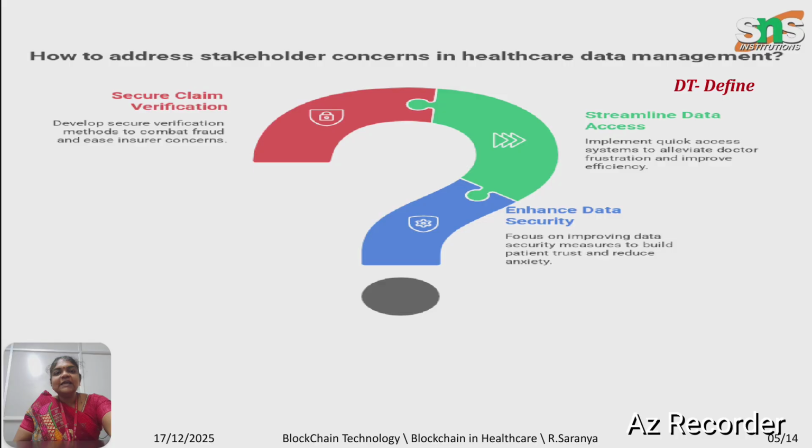Developing a secured verification method to reduce fraud and ease insurance concerns will increase the security of claim verification. Implementing quick access to the systems, so that the doctor or the patient can access that patient's data, will increase efficiency. Improving security measures will build patient trust and reduce anxieties.